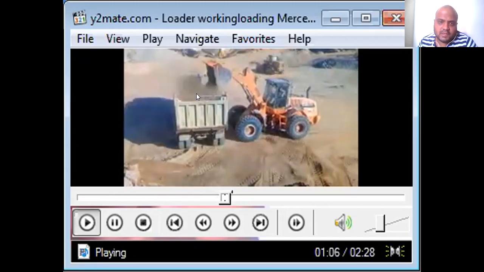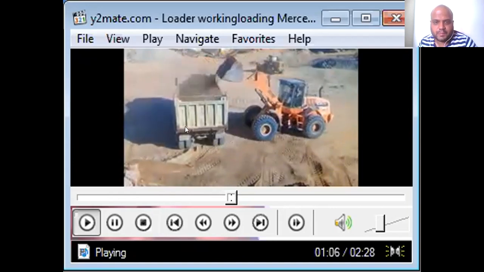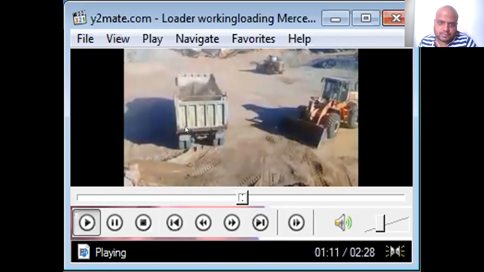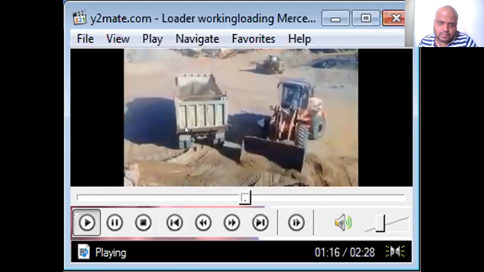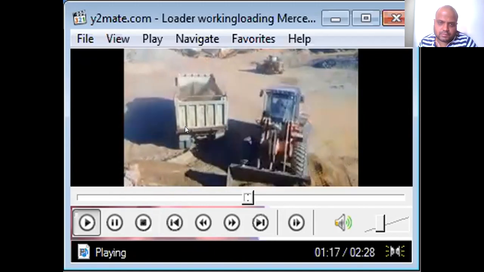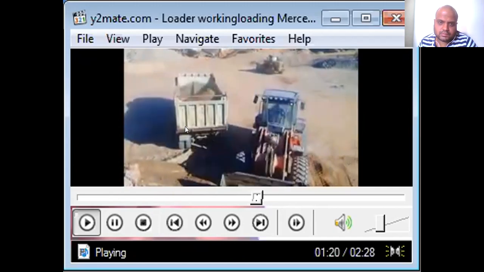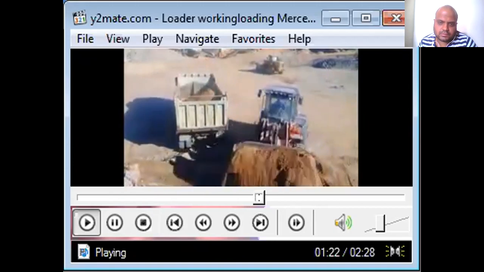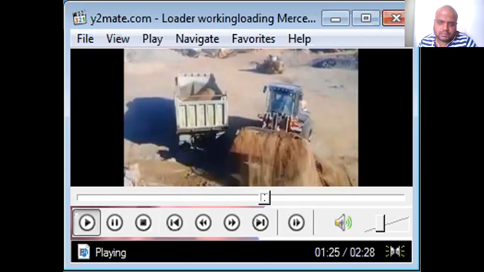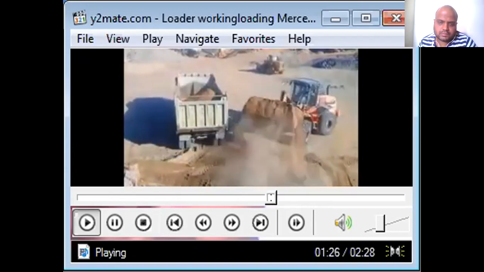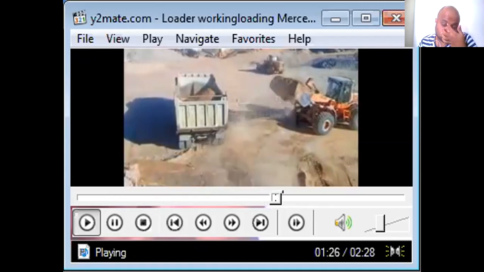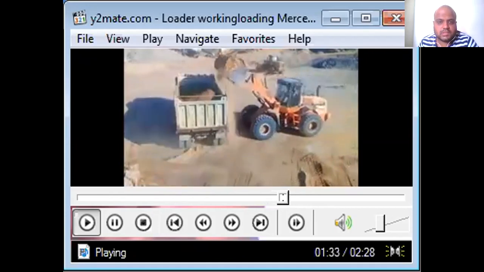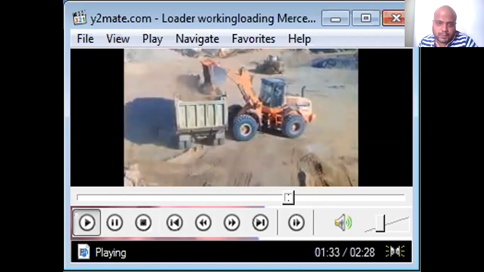Even with the second cycle, the dumper is not being filled. This is the third cycle of the loader.